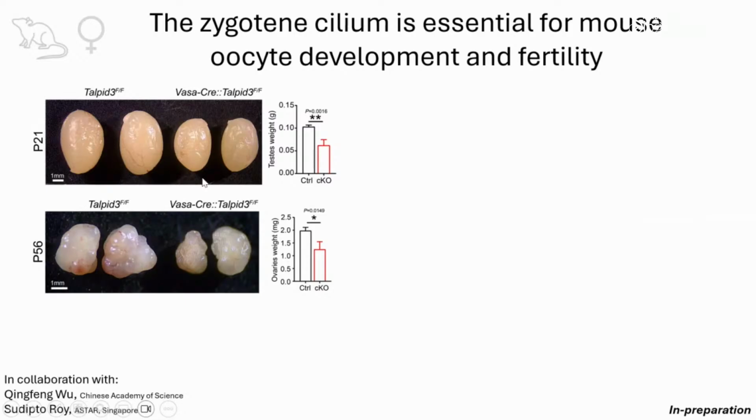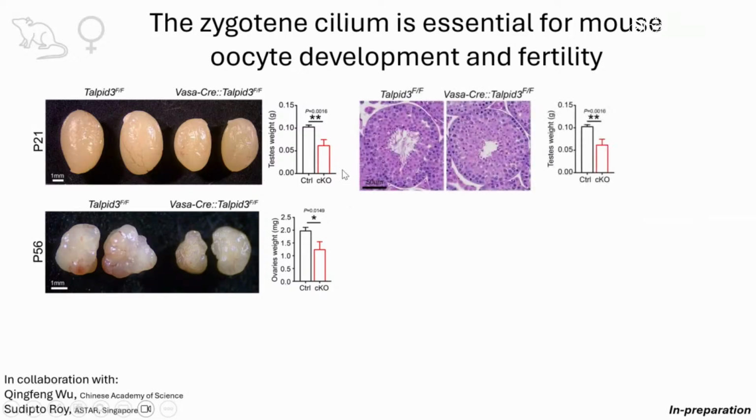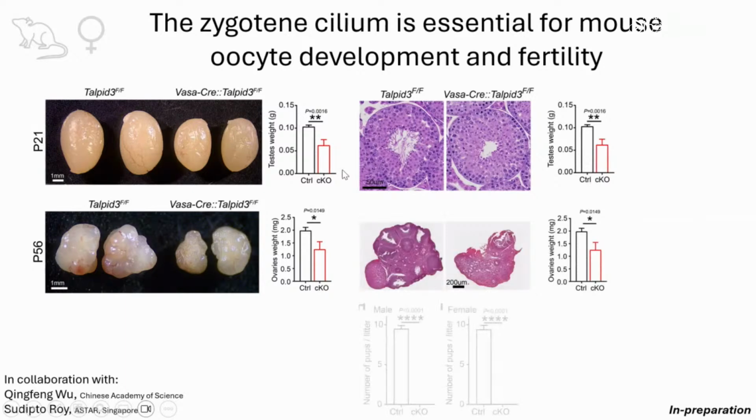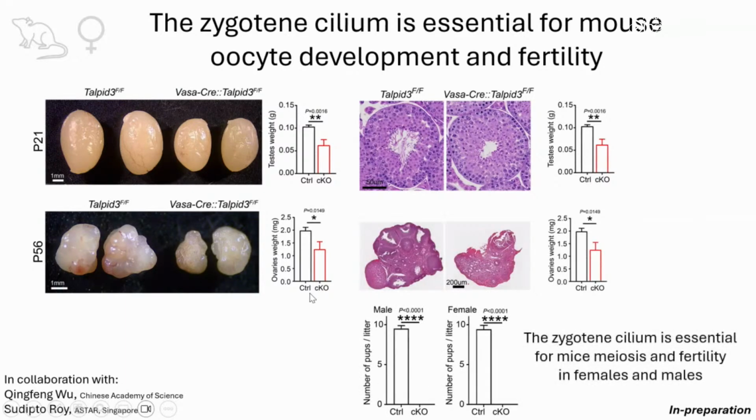Both gonads, testis and ovary, are smaller in the mutants with underdeveloped gonadal tissue, and exhibit sterility in both males and females. So the cilium is essential for both mouse meiosis and fertility, in males and females.